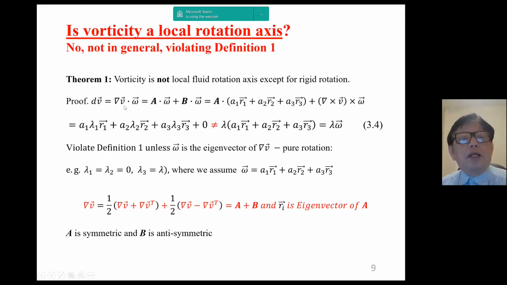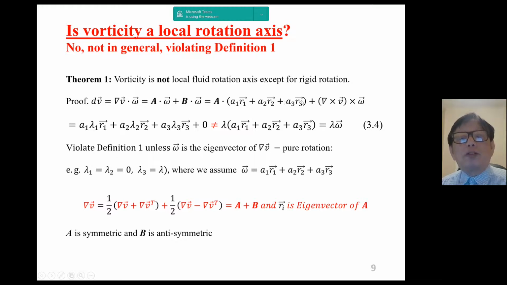The gradient of the velocity tensor can be decomposed into A and B, where A and B are the symmetric and antisymmetric submatrices. We know B is antisymmetric, and it is easy to prove B dot omega is 0.